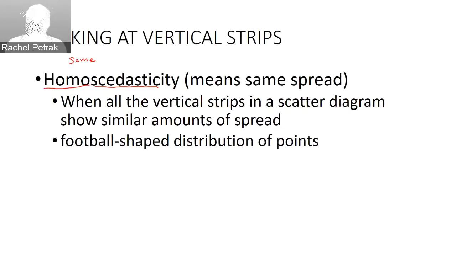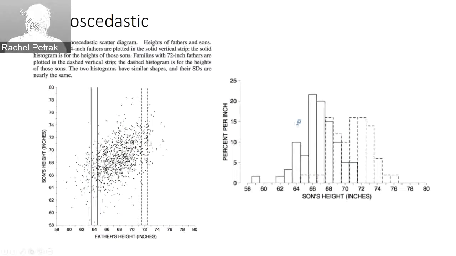It rhymes with elastic, which also stretches, but there's a similarity there to help you linguistically. When all the vertical strips have a similar amount of spread, you can say it's homoscedastic, and you're safe using your regression equation and RMS error to make predictions.